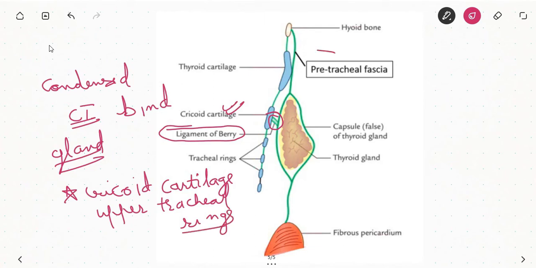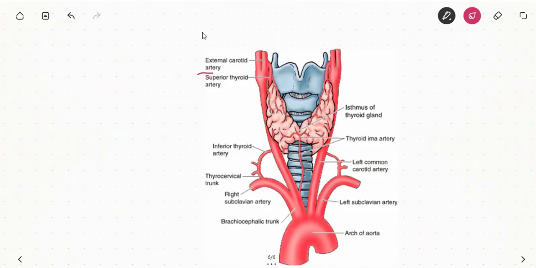Other is the pretracheal fascia. It is part of the deep cervical fascia that invests the gland. So remember, the ligament of Berry and this pretracheal fascia are responsible for movement of the gland with deglutition.